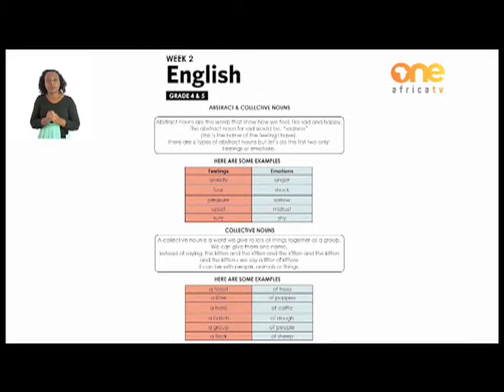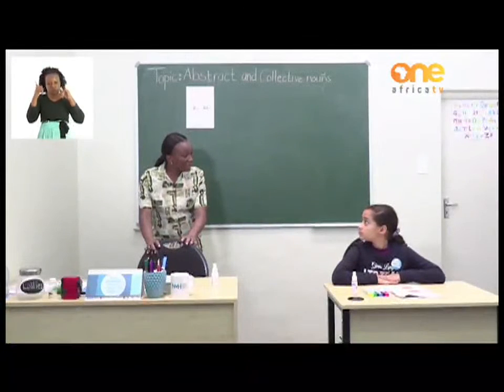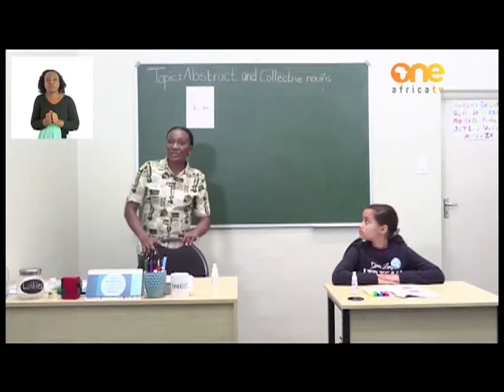Here are some examples of collective nouns. I've already mentioned some, so you can see a forest of trees, a litter of puppies, a herd of cattle, a batch of dough, a group of people. So those are the few examples of collective nouns. Chanel, do you have any question? No question.